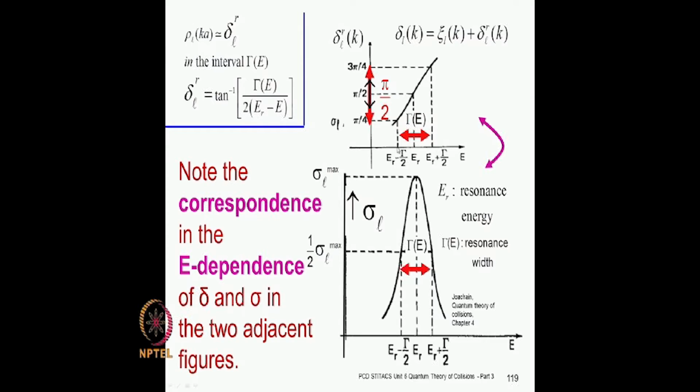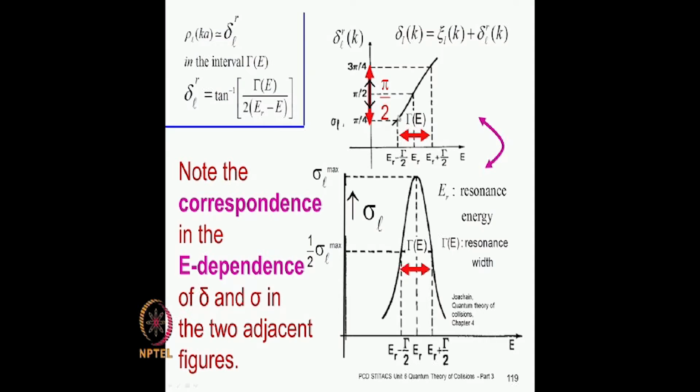So the point ER minus gamma by 2 for this figure comes right above the point ER minus gamma by 2 for the lower figure. The point ER plus gamma by 2 comes right above the point ER plus gamma by 2 for the lower figure. So this is the correspondence.